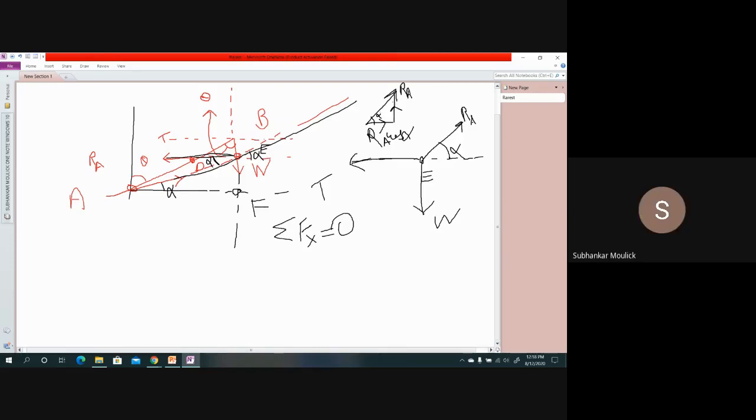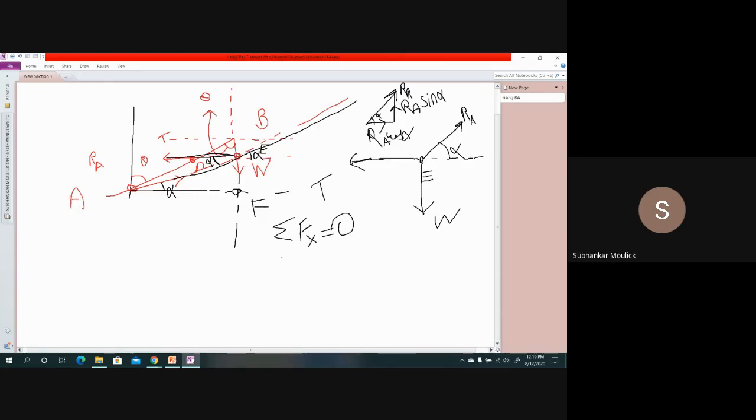This perpendicular length, how much will it be? RA sin alpha. You have a sin component, that is sin alpha is perpendicular by hypotenuse. So perpendicular will be hypotenuse RA into sin alpha. So this value will be RA sin alpha.